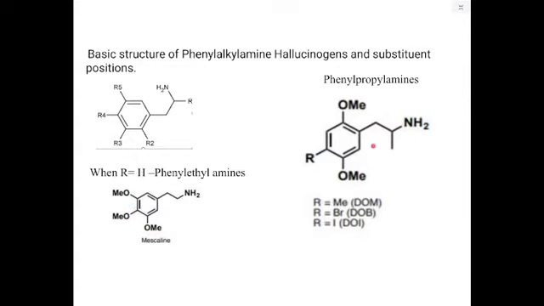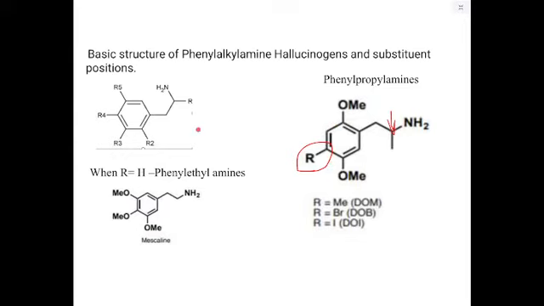Then you have also the phenylisopropylamines, and of course we are calling them phenylpropylamines because of the alpha carbon. The alpha carbon, as you can see, has a methyl group, which will retard the metabolism of that drug. And then at this position, which is our position number 4, positions 1, 2, 3, 4.